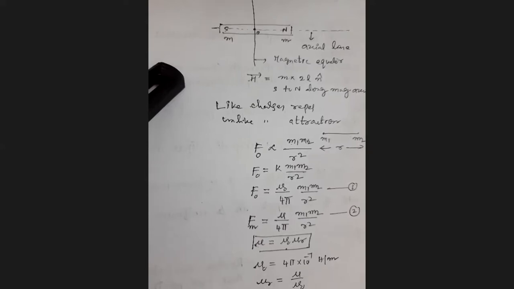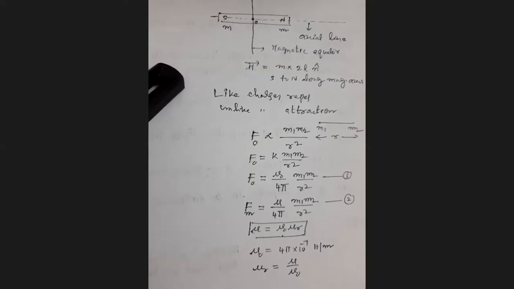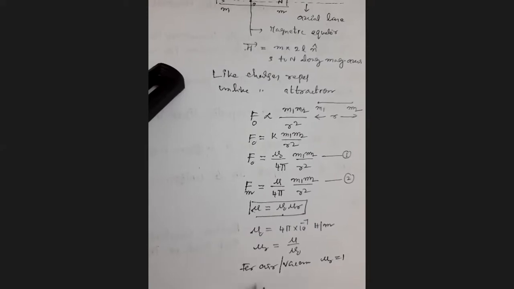Relative permeability mu r is equal to mu by mu naught. We define it as the ratio of the permeability of the medium to the permeability of free space. The mu r value for air or vacuum is equal to 1. For magnetic substances, we know there are 3 types. For diamagnetic substances, mu r is less than 1.